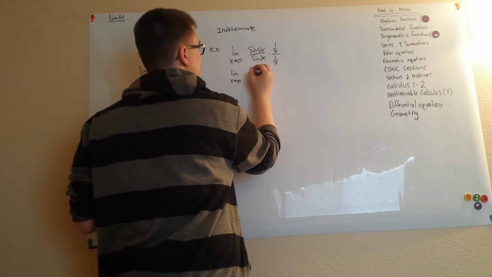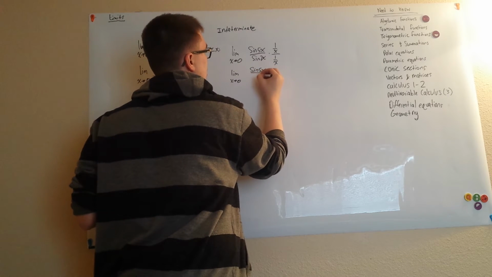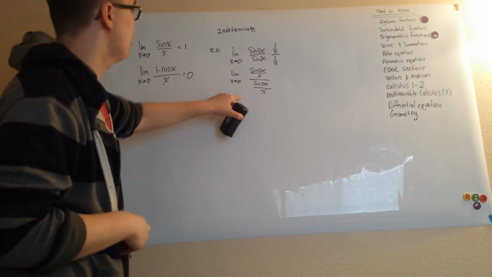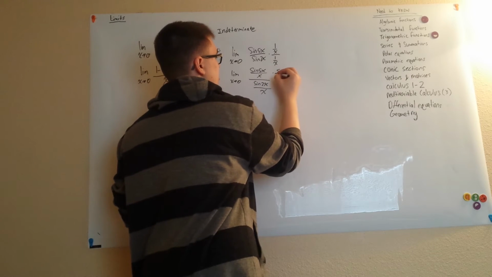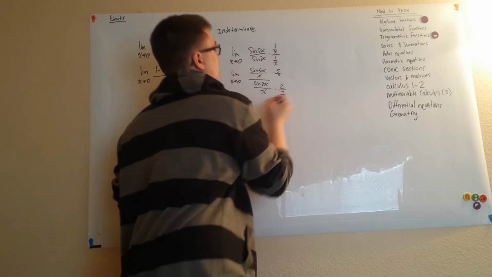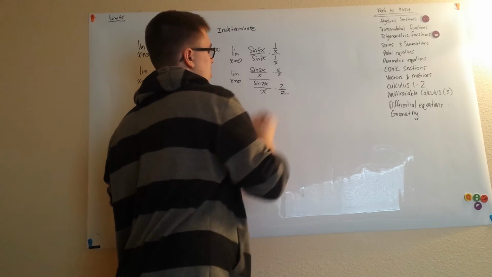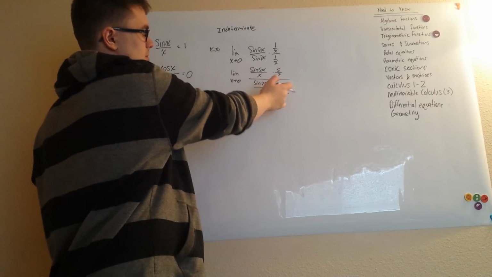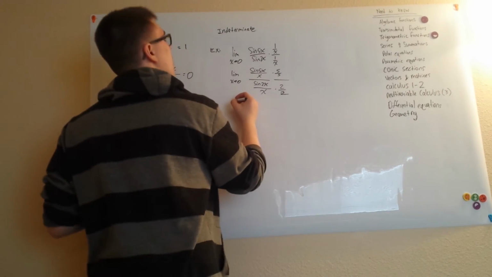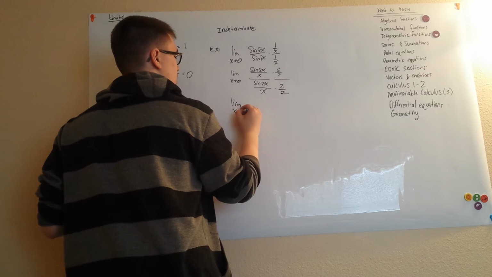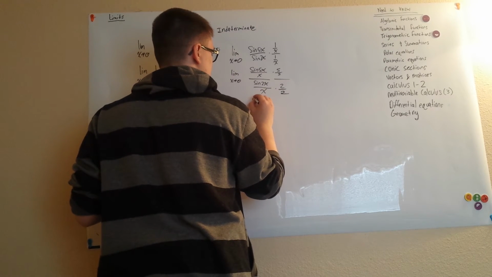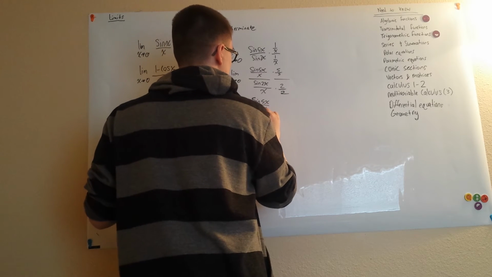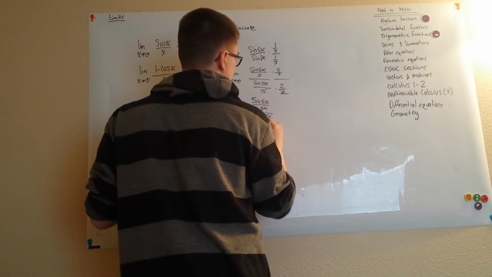You gotta see enough examples in order to do some of these. And from here, I'll multiply 5 over 5 times 2 over 2. That's just 1 over 1 over 1 over 1. You get sine of 5x over 5x, sine of 2x over 2x.